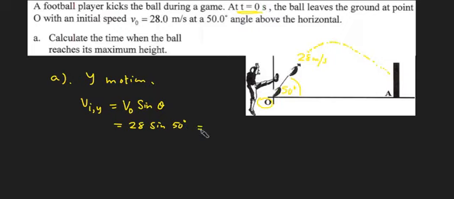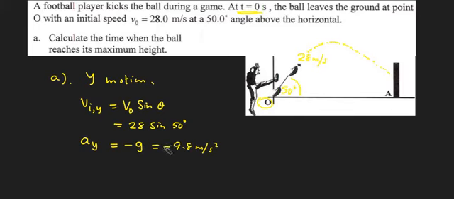Then we need to look at the acceleration in the y direction. The acceleration in the y direction is going to be minus g, the gravitational acceleration. Numerically that would be minus 9.8 meters per second squared.